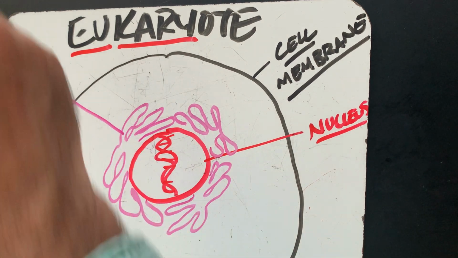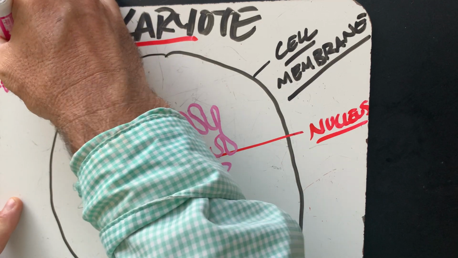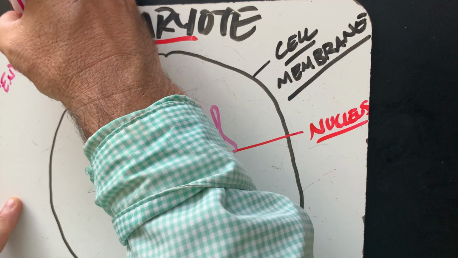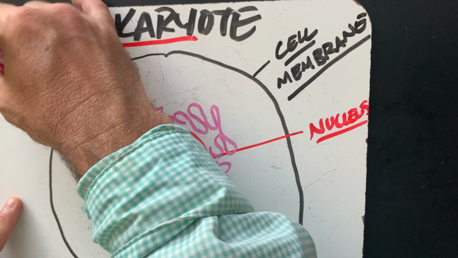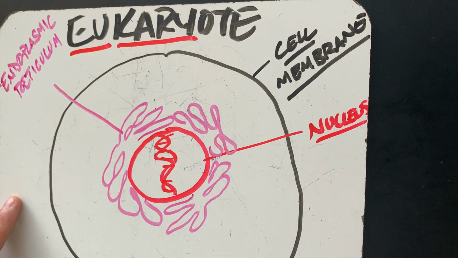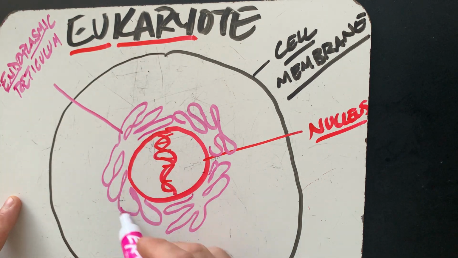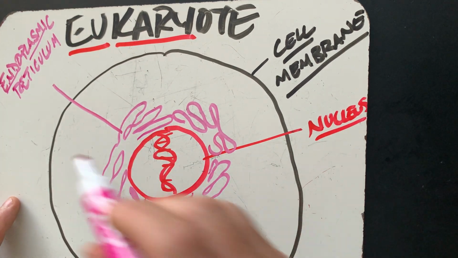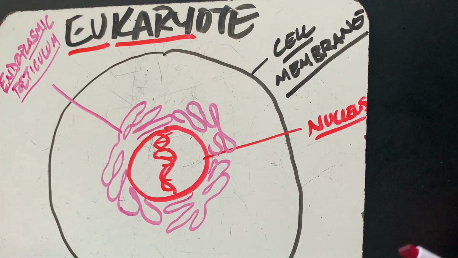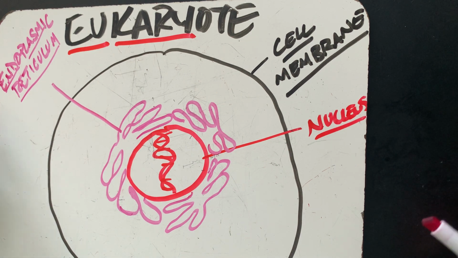Endoplasmic reticulum, and I'll break that word down as well. Endo means inside. It's made of a membrane too. It's got a little surrounding, and that surrounding is made of something called lipids. Examples of lipids would be oils and waxes.